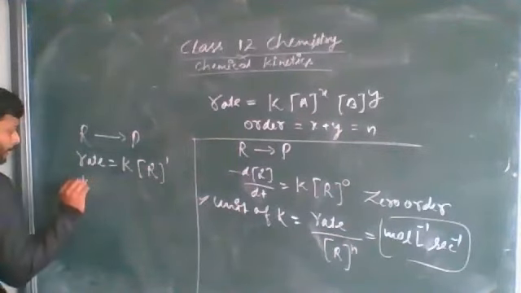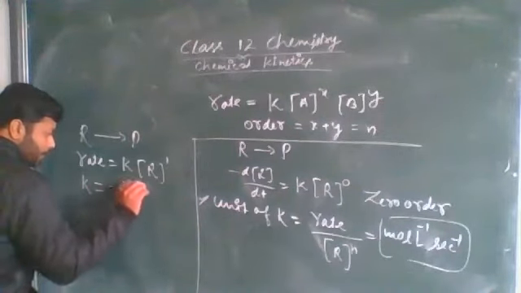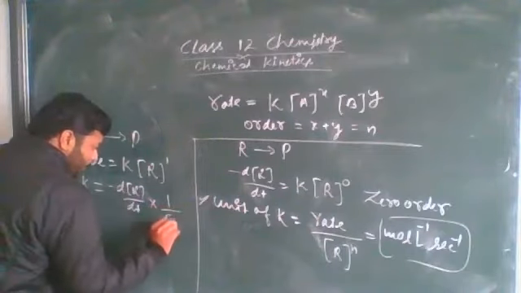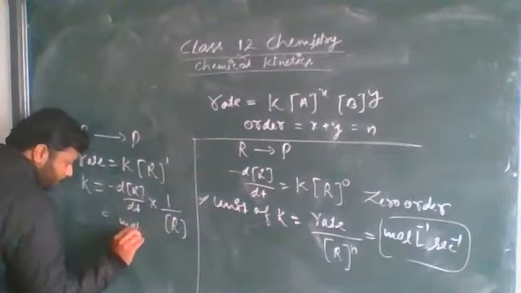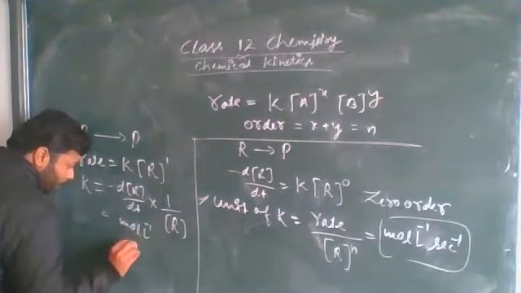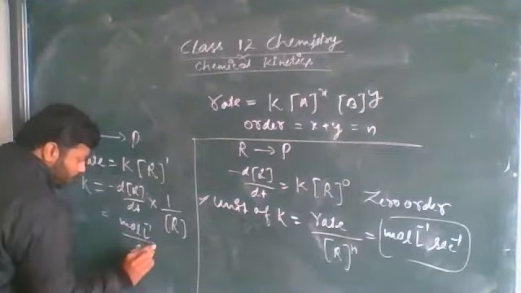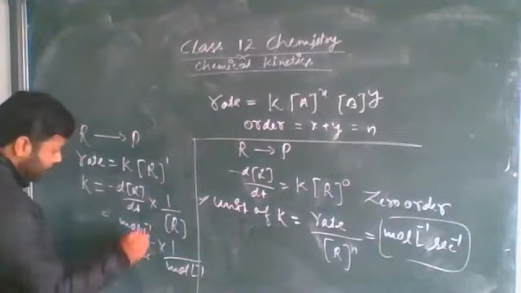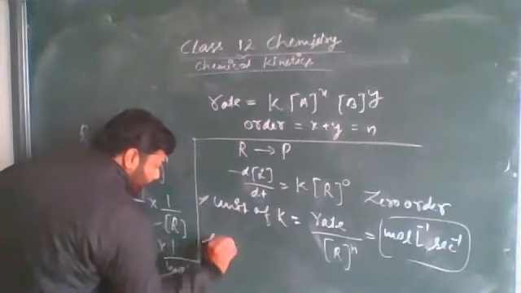So the unit of k will be mole per liter cancelled by mole per liter, and the unit will be second inverse.